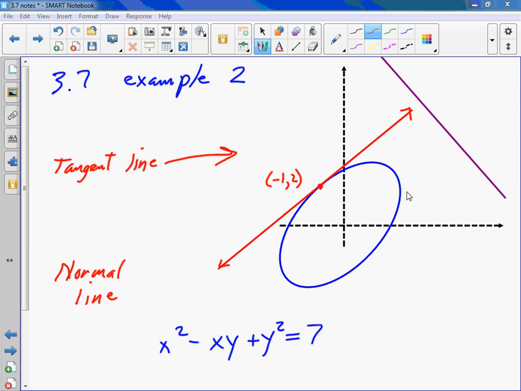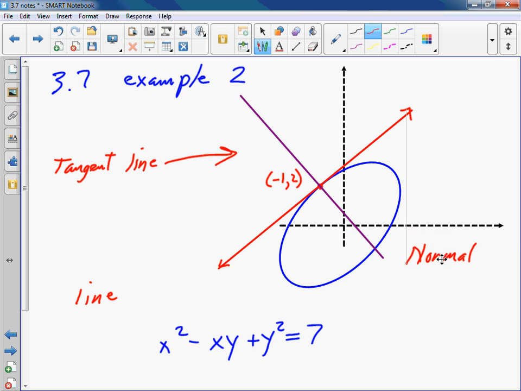We're going to find an equation for that line. But wait, there's more. We're also going to find the equation of the line that is perpendicular to the tangent line, going again through the point -1, 2.